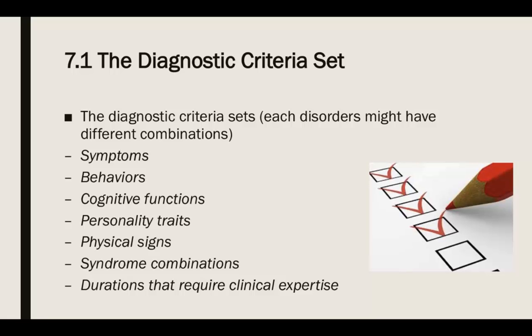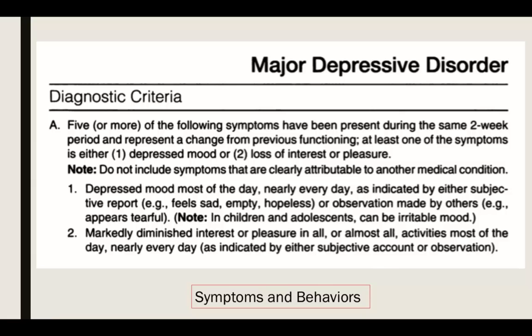Each diagnostic disorder might have different combinations of symptoms. Let's have an example on major depressive disorder. For the diagnostic criteria set, we can have a look at criterion A1: depressed mood most of the day, nearly every day, and also markedly diminished interest or pleasure.